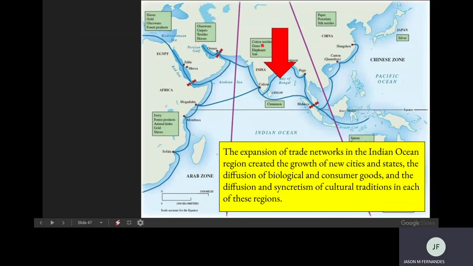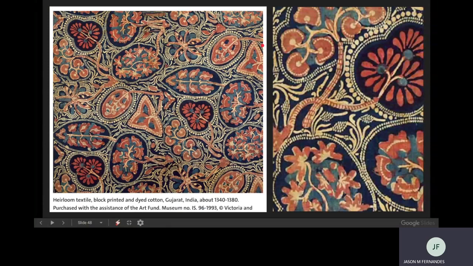So let's take a second to look at some of these cotton textiles and talk briefly about why they're so important. So this is from the 14th century. These are block printed textiles. You can zoom in on it here and see that. They would use these wooden block stamps essentially to stamp these out, and these are highly desirable. Cotton as a fabric, already highly desirable, and then the beautiful patterns that they can place on them.